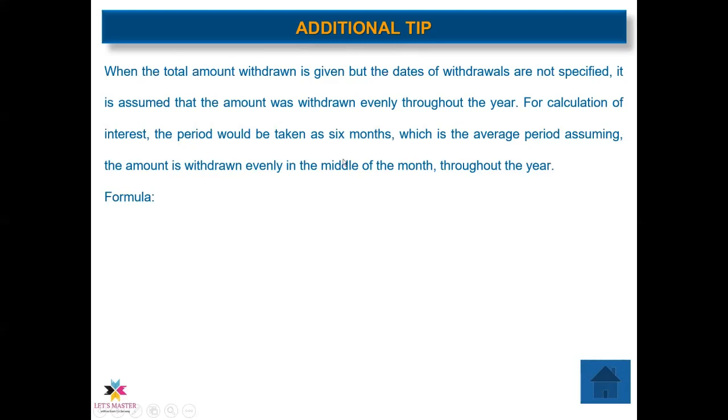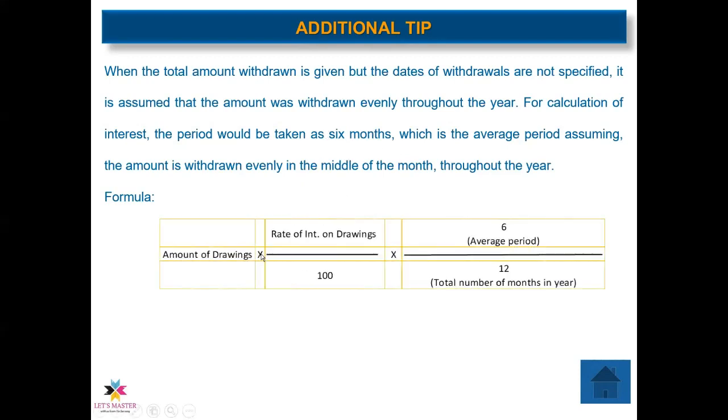So if it is not clearly mentioned when the amount was withdrawn, or how the drawings were made, whether the amount has been withdrawn in one go or it was withdrawn in parts, and even if it was withdrawn in parts, at what point of time the drawings were made, then we will assume that the drawings were made evenly throughout the year, and we will take 6 months as average to calculate the interest on drawings.